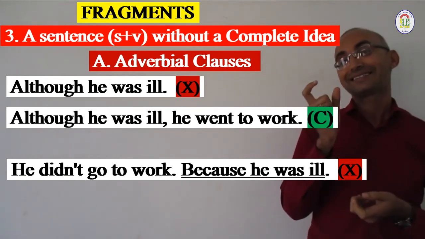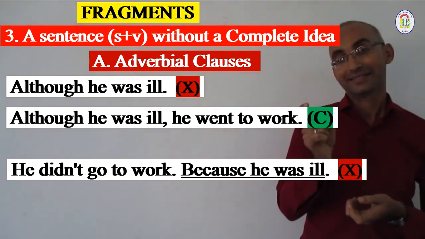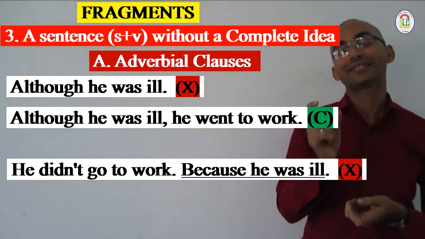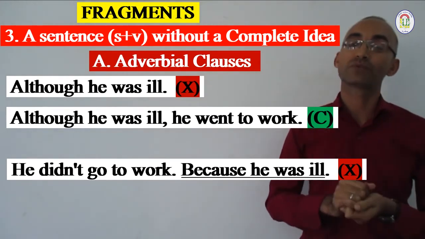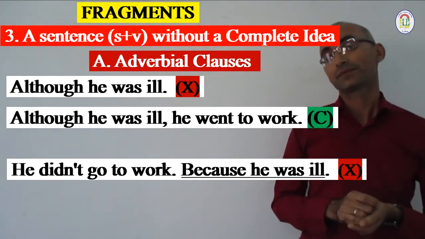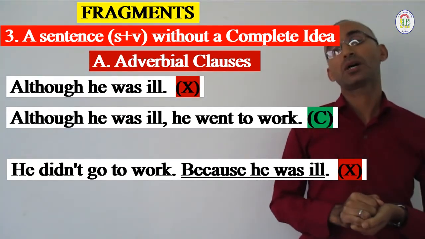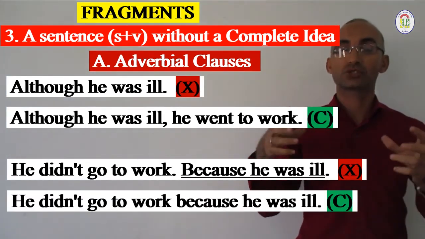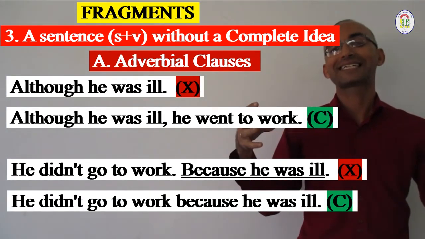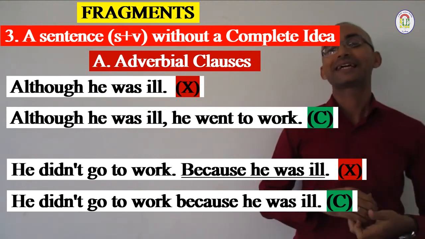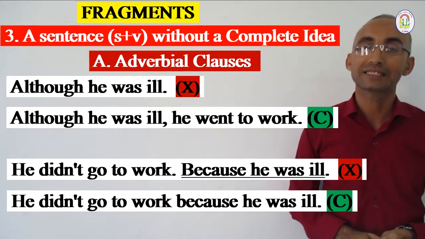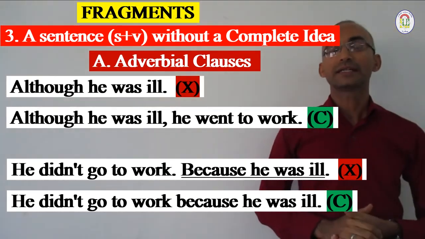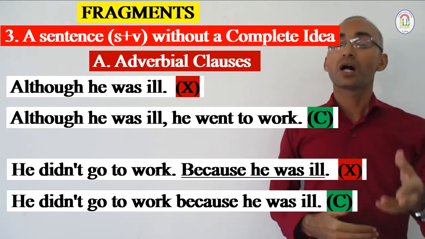This subordinate clause never stands alone in an English sentence. So I must remove the full stop and write "because" in lowercase, without the capital letter, and directly join them to form one sentence: "He didn't go to work because he was ill." Clear?